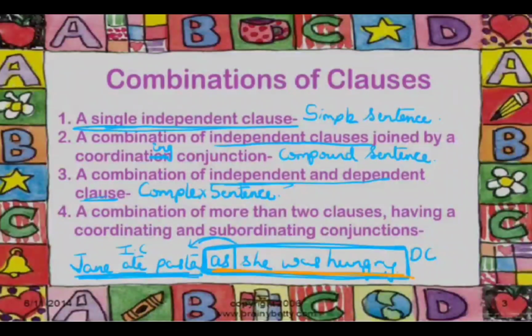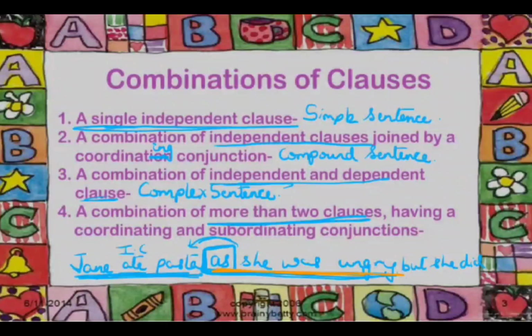Okay, a combination of more than two clauses having a coordinating and subordinating conjunction. So: Jane ate pasta as she was hungry, but she did not like it. So I have one conjunction, as, out here.